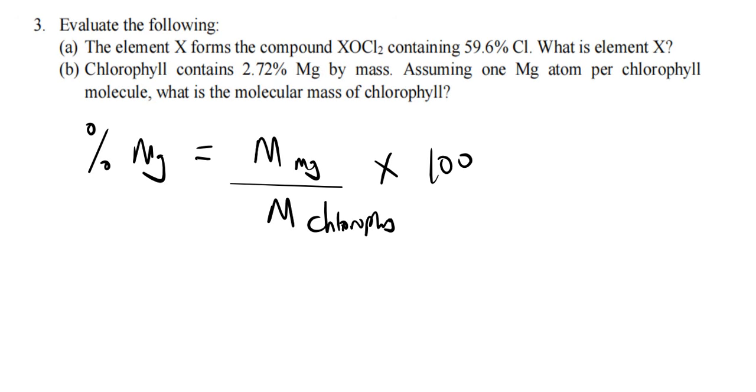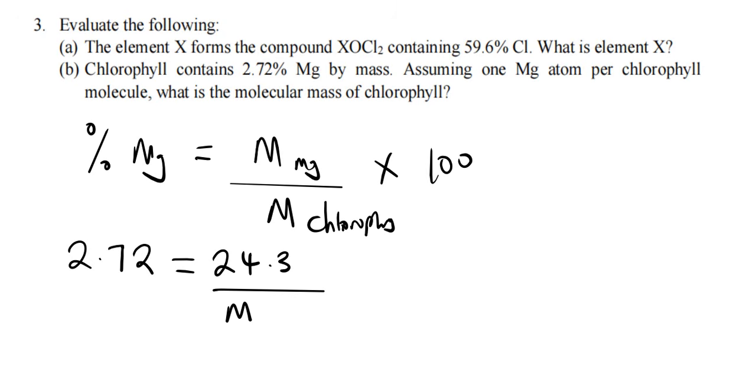This gives us the percentage of Mg, which they've already given us: 2.72 percent. This will be equal to the molar mass for magnesium, which is about 24.3, divided by the molecular mass of chlorophyll, multiplied by 100%.